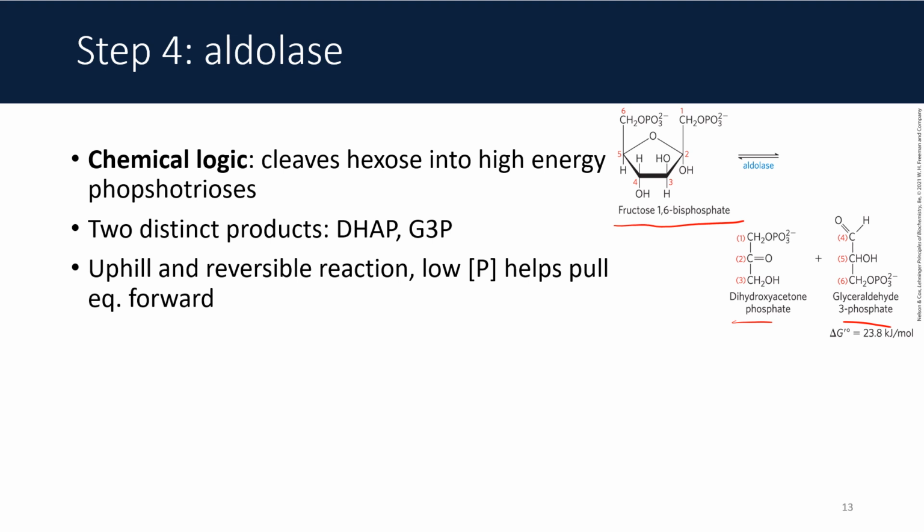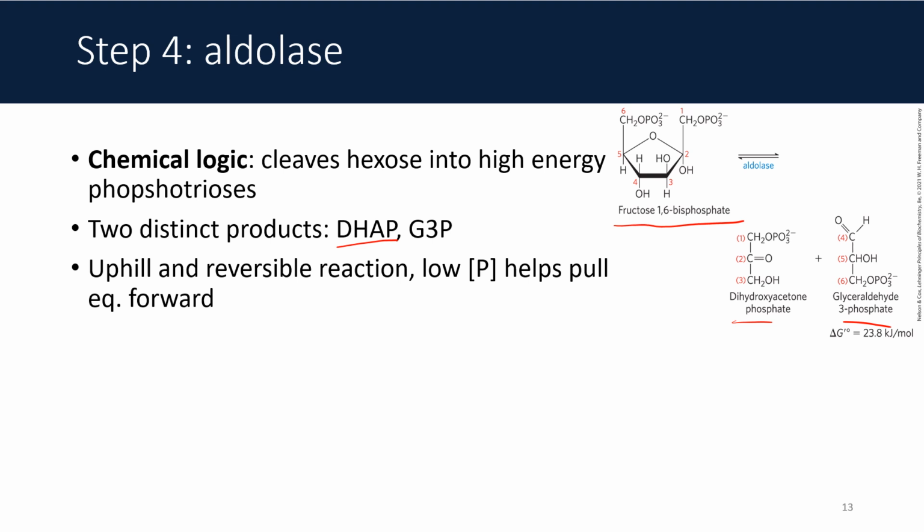We are going to be greatly destabilizing these metabolites moving forward, which are specifically dihydroxyacetone phosphate, DHAP for short, and G3P, glyceraldehyde 3-phosphate. One's an aldotriose, one's a ketotriose.